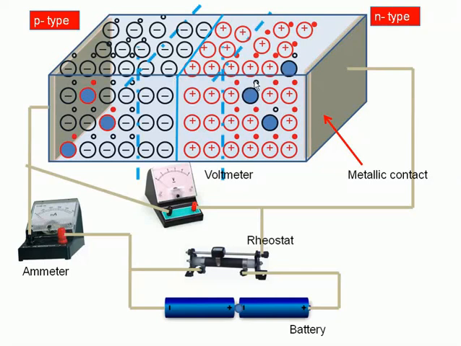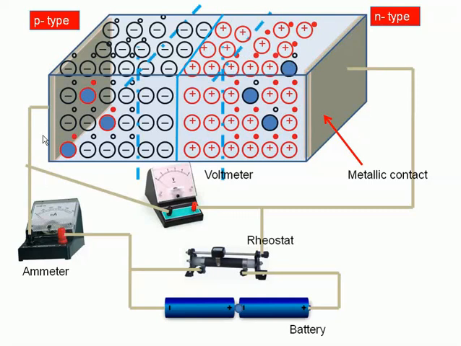Let me see once again. This is the positive terminal on it, and the electrons are attracted towards the metallic contact, and this metallic contact will give the force to these holes, and these holes will cross the junction towards this side, right?